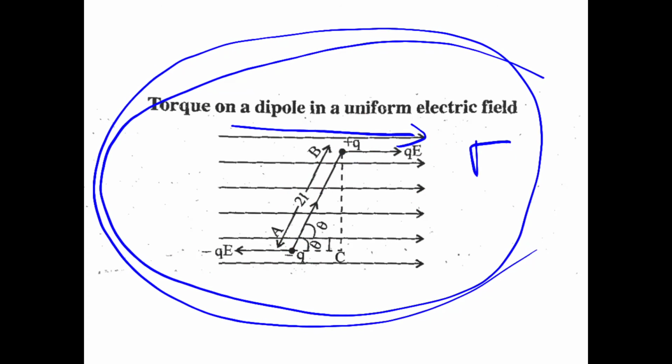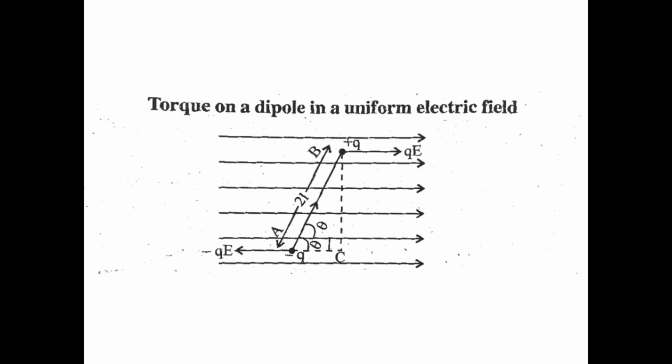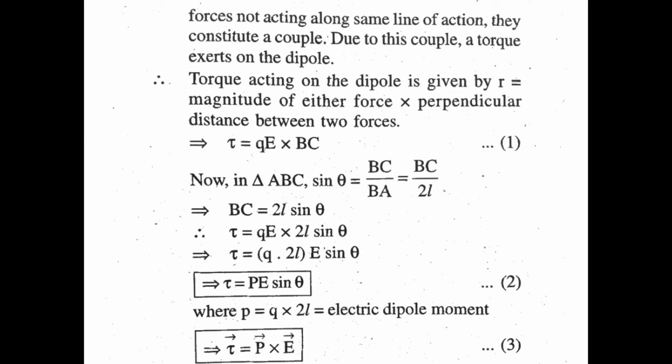Let's see the figure. Is there a same line of action? No, they are in opposite lines of action. This is down, this is up. Their directions are opposite. They are parallel but not acting along the same line of action. Then that constitutes a couple.